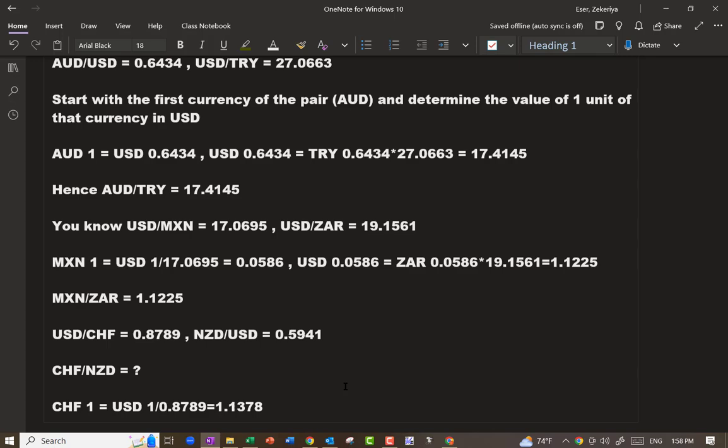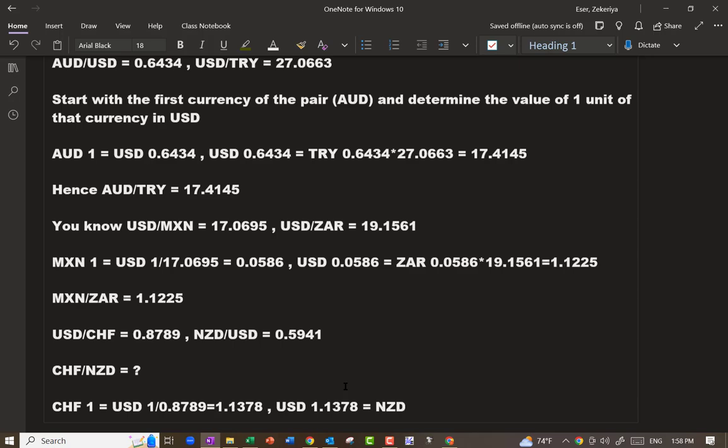Now I want the value of that many US dollars in Kiwi. Kiwi, is that direct or indirect in this case? Indirect. So if I start with dollars, when I convert to the other currency, and the quotation is indirect, again, I'm going to flip it.